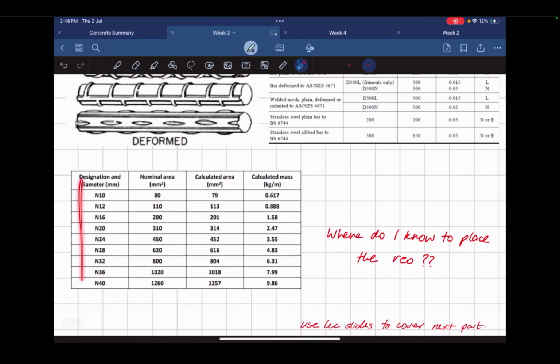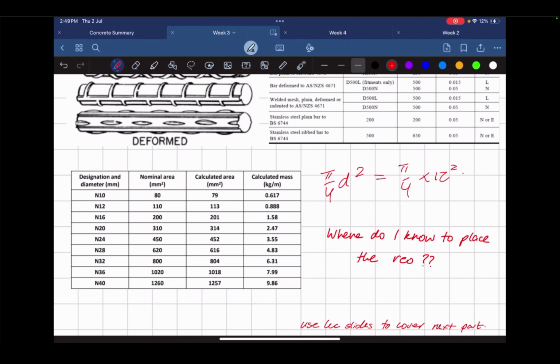This is something that you get in your exam, something very similar. You'll get these two, which are different diameters. So N10: N is your normal bars, and the 10 is just the diameter of the bar. These are nominal areas, so you can figure out your area manually using pi r squared, or pi d squared over 4.